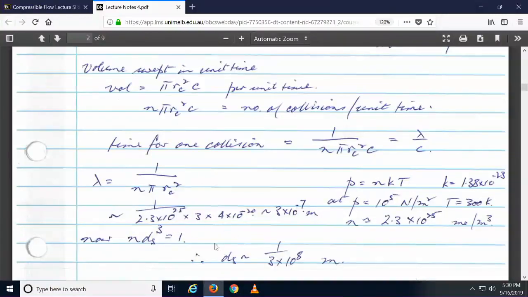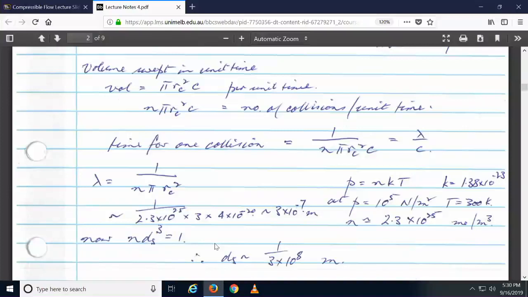Now, what is the average spacing between molecules? How big is the spacing between them? Well, we're going to say that if the average spacing between molecules is of the order ds, so the volume is ds cubed, roughly speaking, and in that volume I'm going to have one molecule. So I have n molecules per unit volume, so n times ds cubed is going to be one molecule. Then what is the average spacing between molecules?